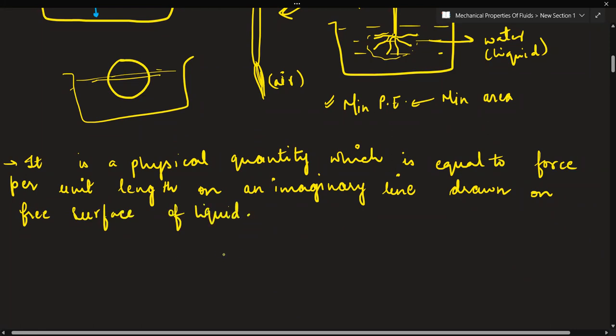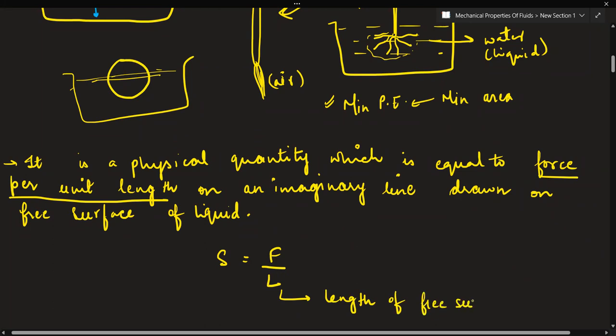So the formula for surface tension is force per unit length, where the length is the length of the free surface that we have been referring to. And surface tension is a scalar quantity.